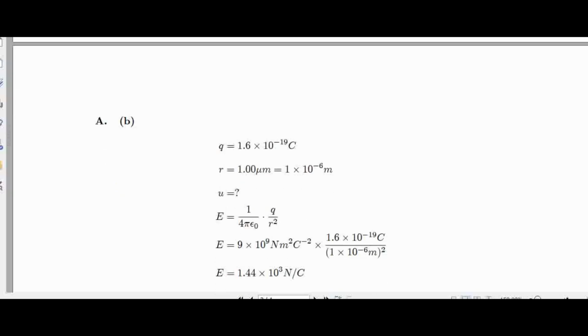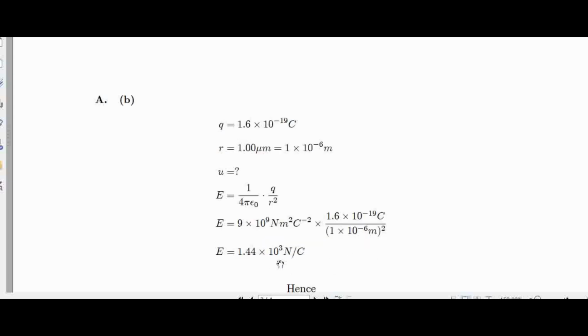B part is if the R is 1 micrometer. Then we will have the same data, only R will be changed. In part A it was 10⁻³, now micro is 10⁻⁶, so we will simplify it, and E comes out to be 1.44 × 10⁰ Newton per coulomb.